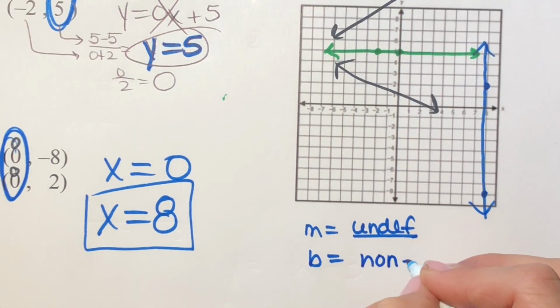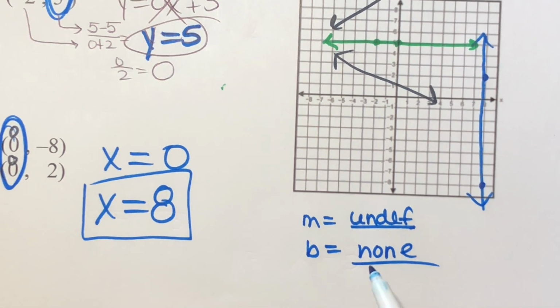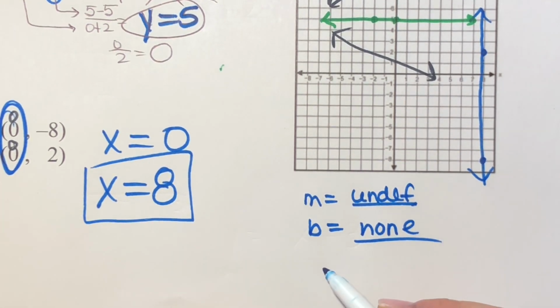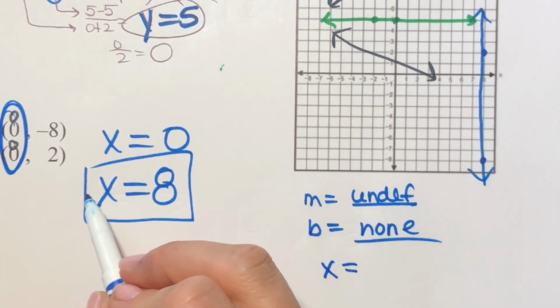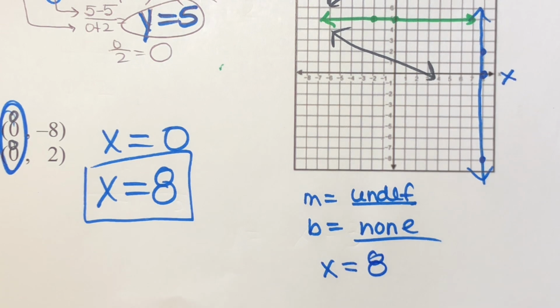It doesn't touch the y-axis anywhere, so there is not a y-intercept. There's not a b. And so when you have an undefined and none, it's an x equals, where is it touching the x-axis at? 8. Okay, and that is how you write an equation from 2 points.